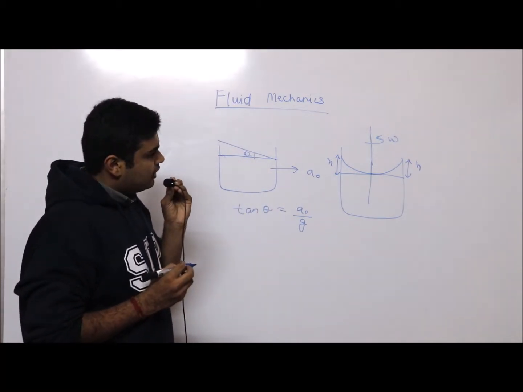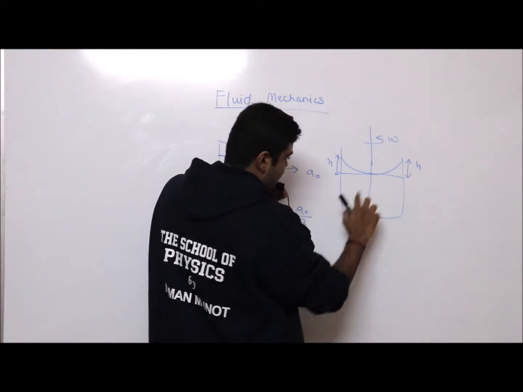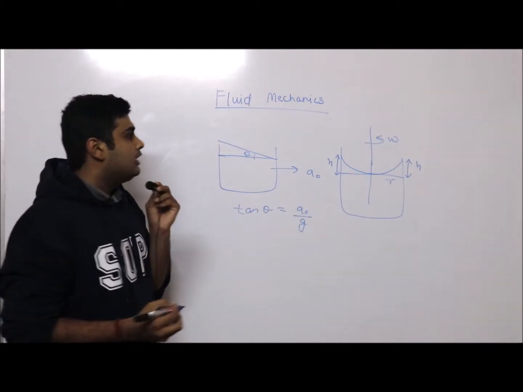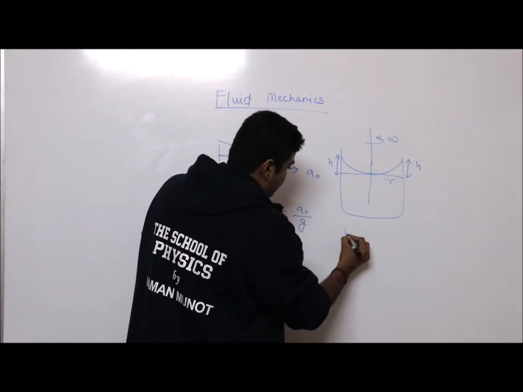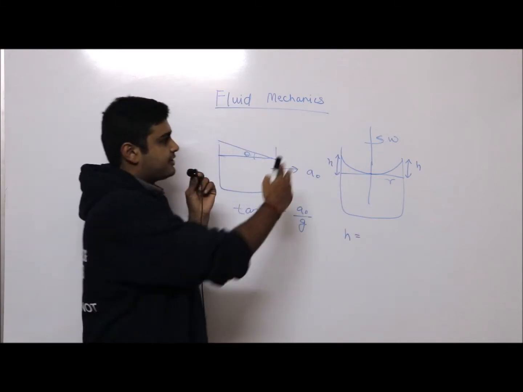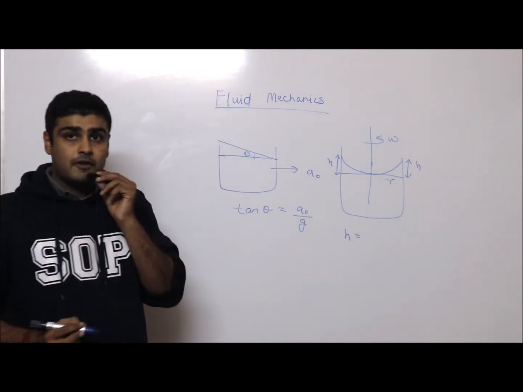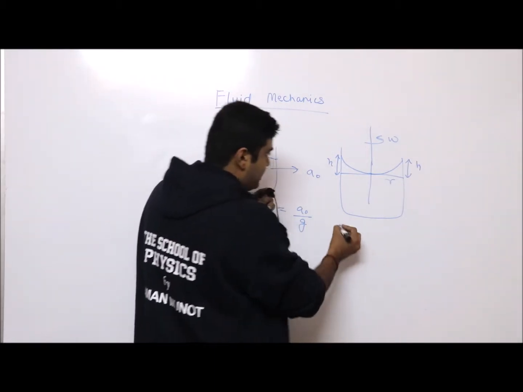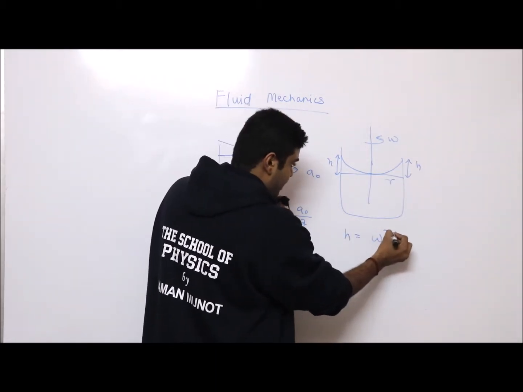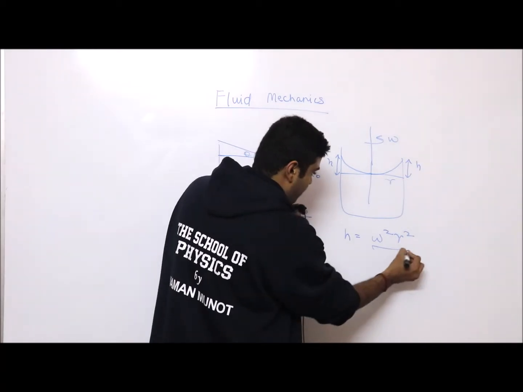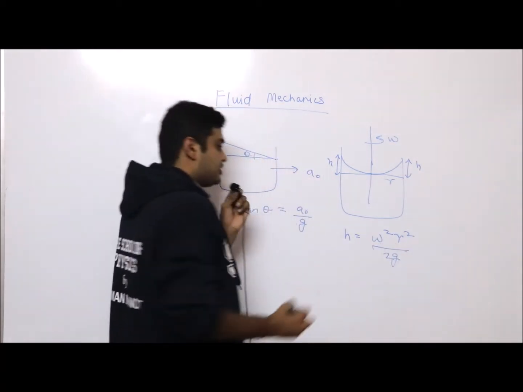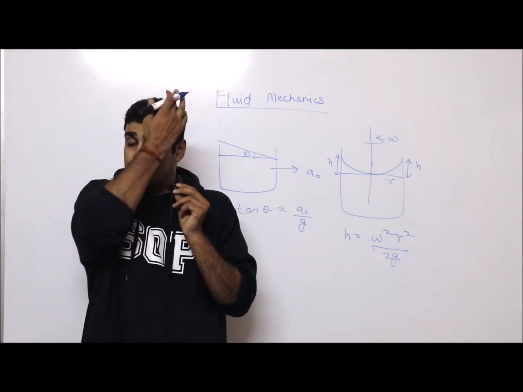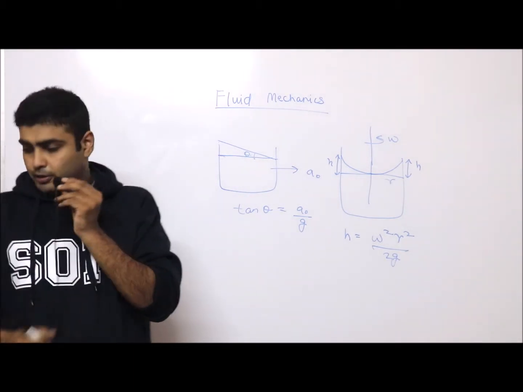The question asked is, given the radius of the beaker r, what is the height h? Here we have to remember a very direct formula: h is equal to omega square r square upon 2g.